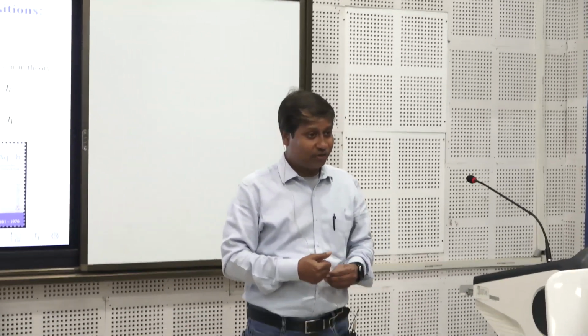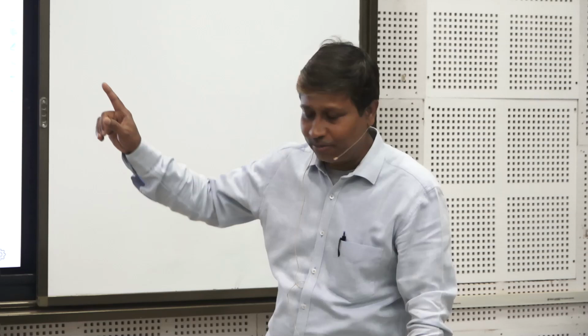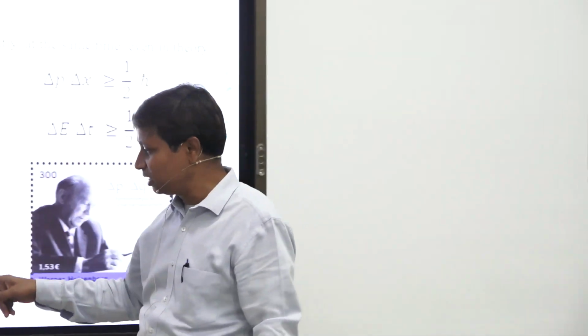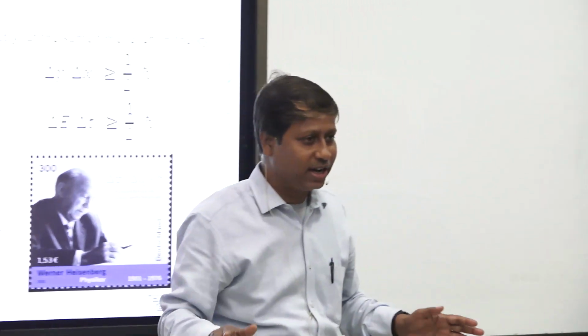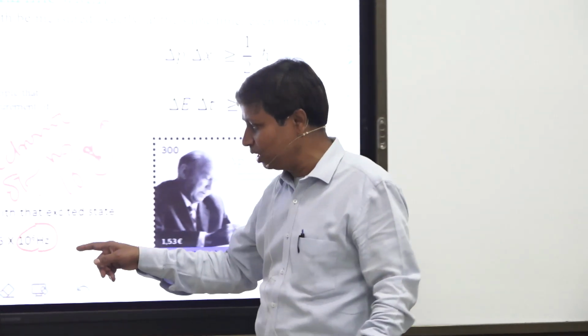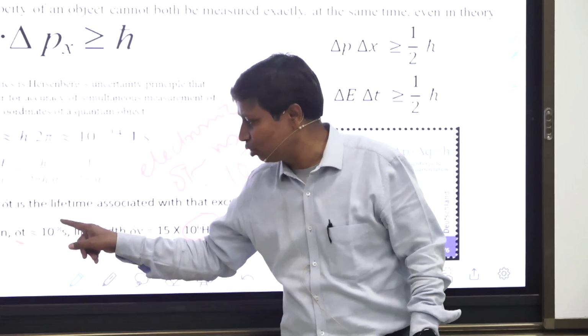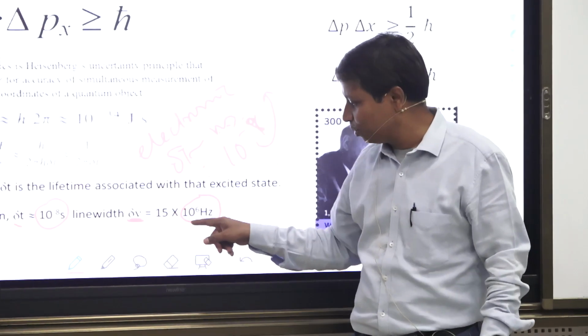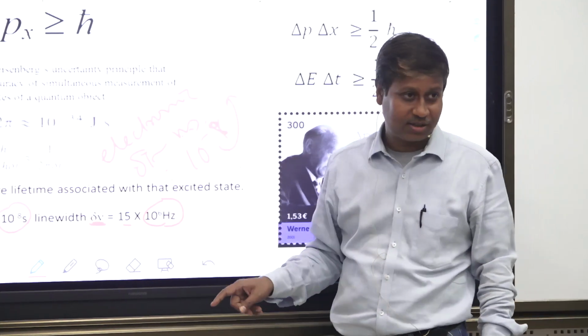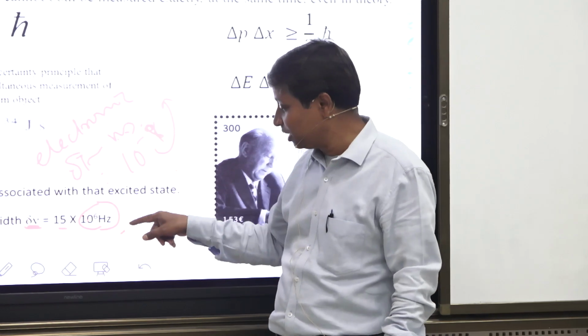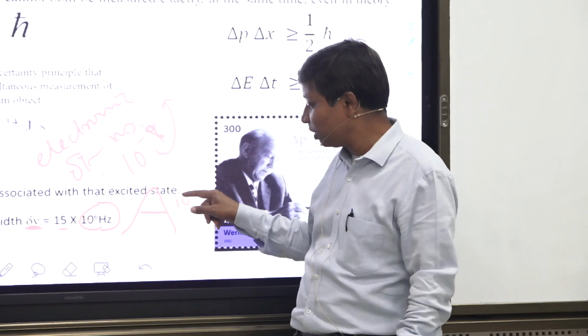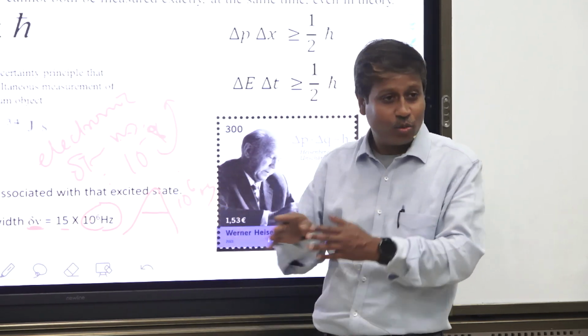So instead of expecting a line, the Heisenberg uncertainty principle says that you can in no way get a spectrum or band narrower than this. For electronic spectroscopy, considering delta T is 10 to the power minus 8, the line would become 15 into 10 to the power 6. So you have at least this much, 10 to the power 6 Hz width.